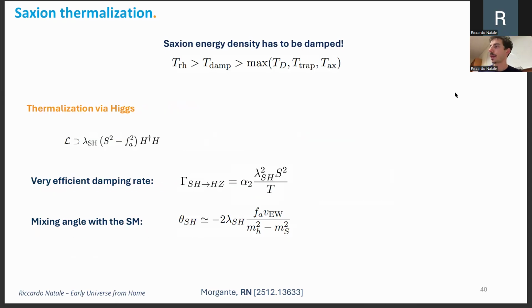Another possibility is the thermalization via the Higgs. Also in this case, as shown before, the axion field can efficiently be damped. In particular, this kind of coupling introduces a mixing angle with the standard model, so the axion field can be in contact with the thermal bath also at late times, after the Higgs boson suppression.